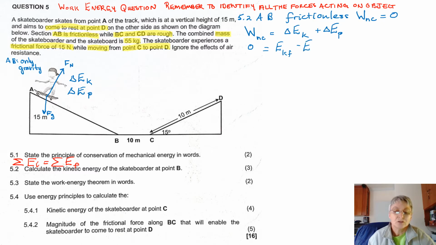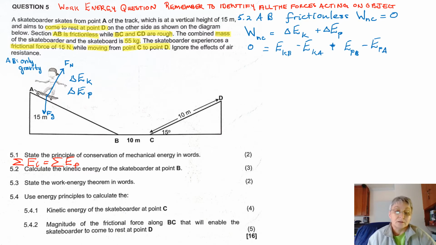Maybe I should use A and B. So let's do that. The kinetic energy at B minus the kinetic energy at A would be the change in kinetic energy. The potential energy at B minus the potential energy at A would be the change in potential energy.